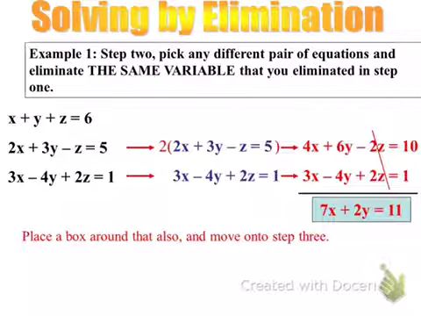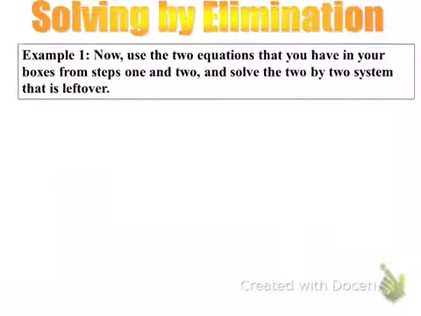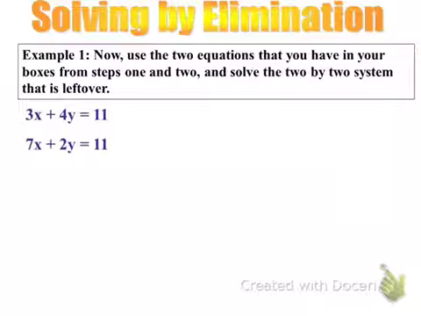That's of importance, right? So now, using these equations, I've created two equations with two variables, and I can go back to my 2x2 techniques from yesterday and solve that resulting system of equations. So these two equations that we have left over are 3x plus 4y equals 11, and 7x plus 2y equals 11.